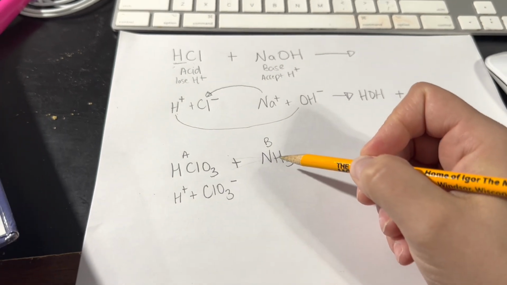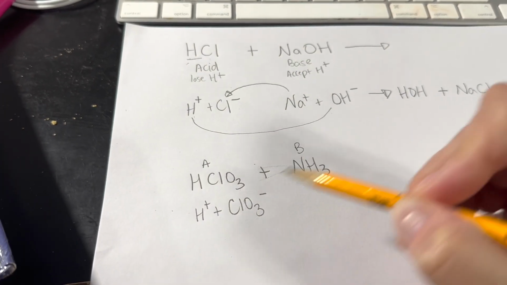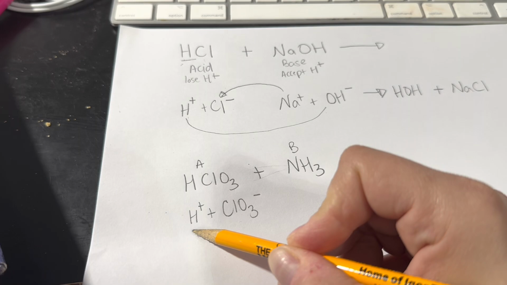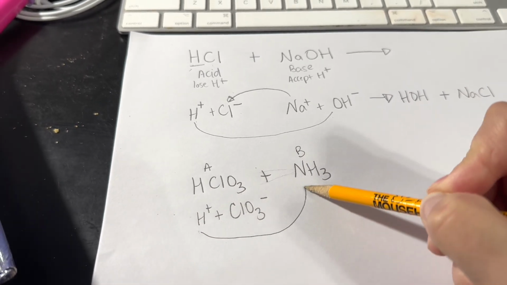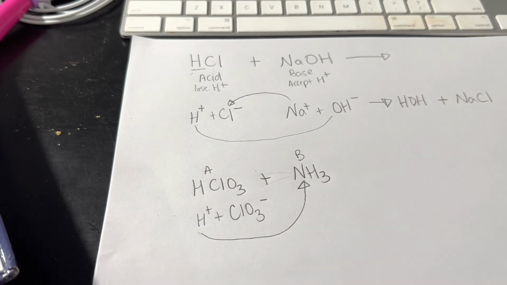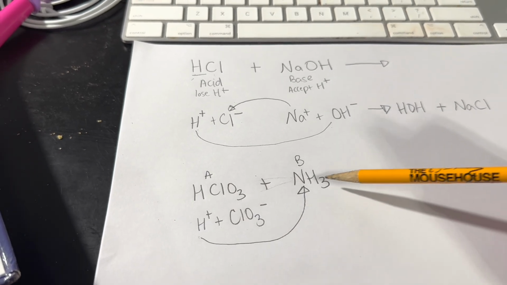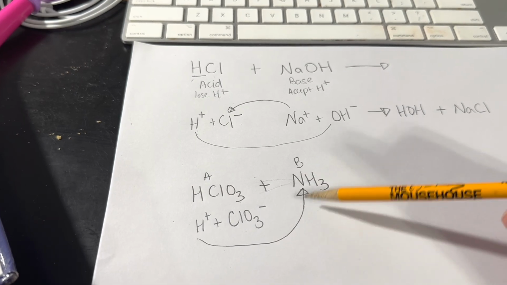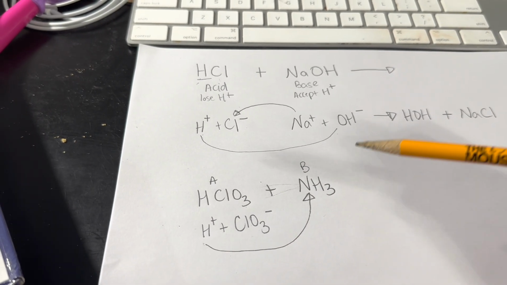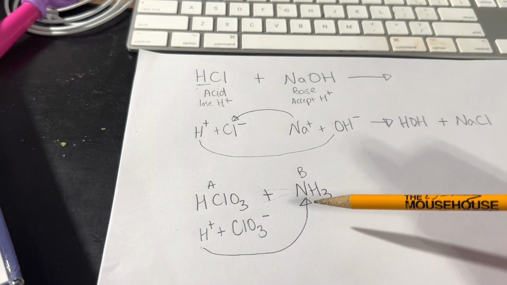So this guy is my base, so it is going to accept this hydrogen ion, right? So this guy is going to go here. My NH3 is covalent, so that means it doesn't dissociate. There's no pluses and minuses. That's why NH3 is a different type of base than the ones that have OH in them.